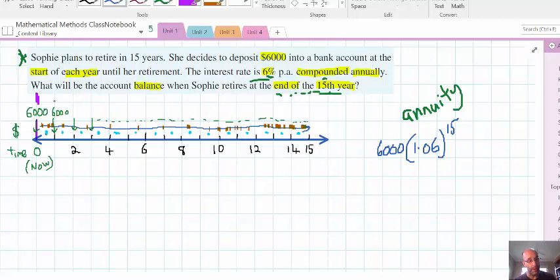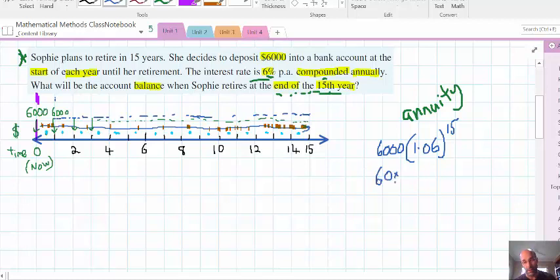But not only that, after 1 year, another 6,000 gets deposited in, and it goes on its own little journey too. But it's a shorter journey. It starts at year 1 and goes along, and at the retirement point it's done 14 years, so it'll be raised to the power 14.